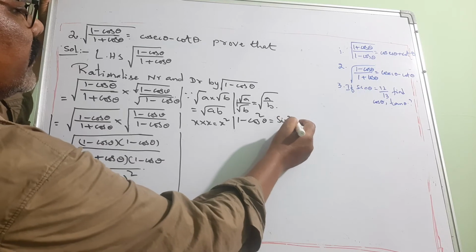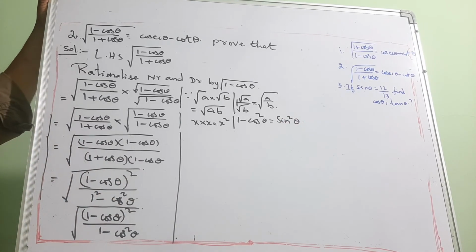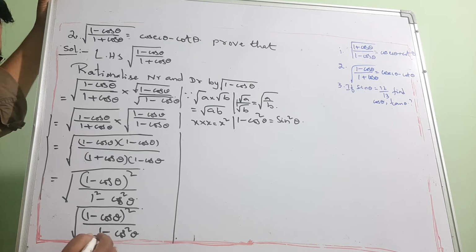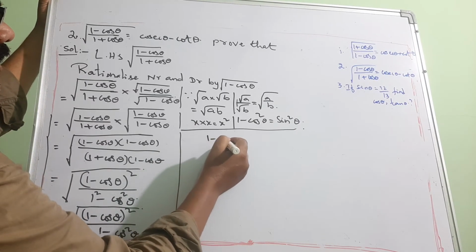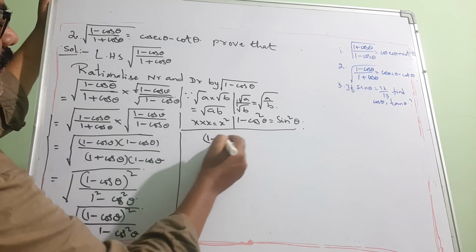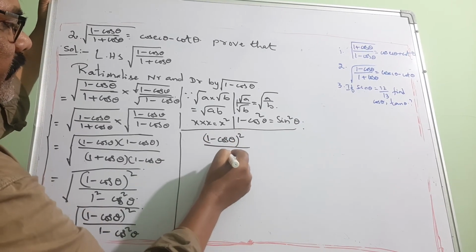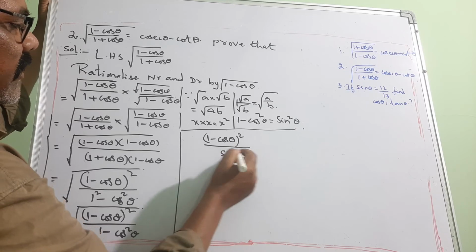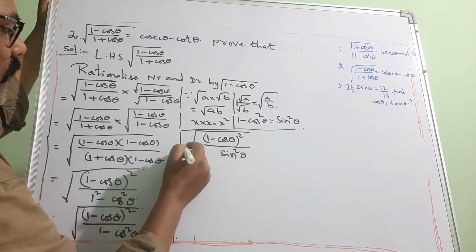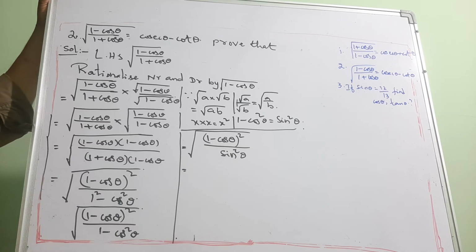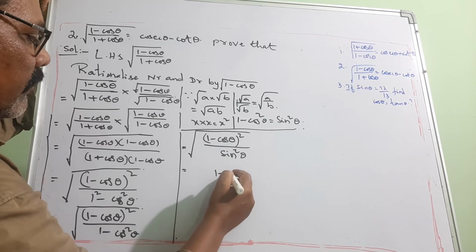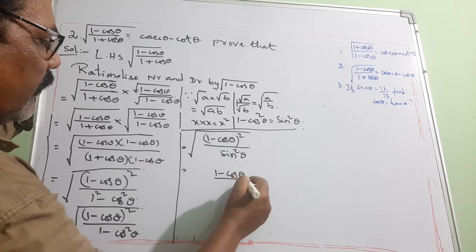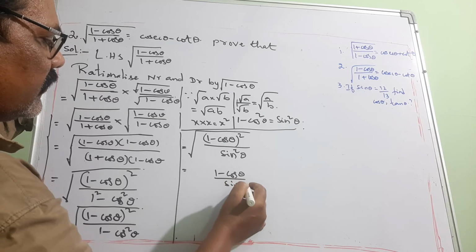That is one formula, so wherever it is 1 minus cos square theta, we can substitute sine square theta. Therefore 1 minus cos theta whole square divided by sine square theta. Now apply this square to both numerator and denominator: 1 minus cos theta divided by sine theta, whole square.